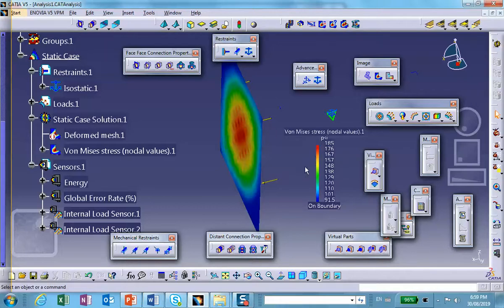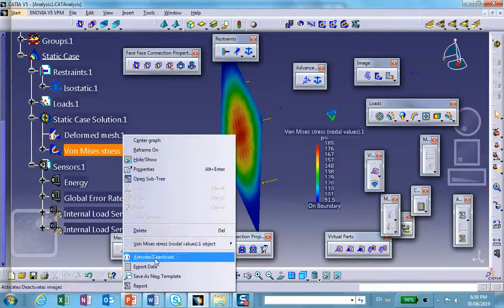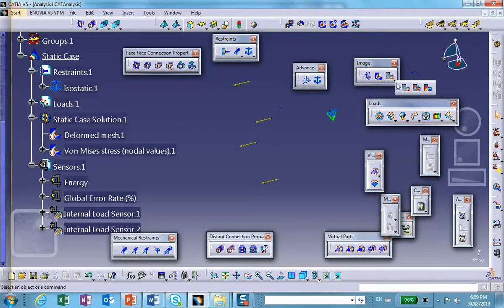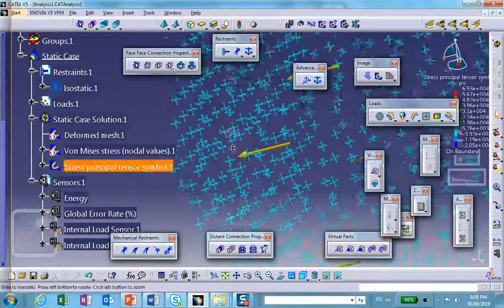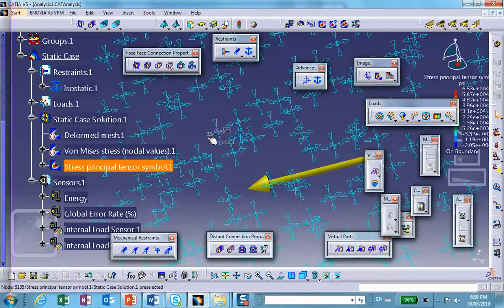Let me show you that at least the principal stress should be 100. So let's deactivate this. Plot the principal stresses. And we don't want all of them. We want the one that is in this direction. Probably that's going to be C1, the largest one.